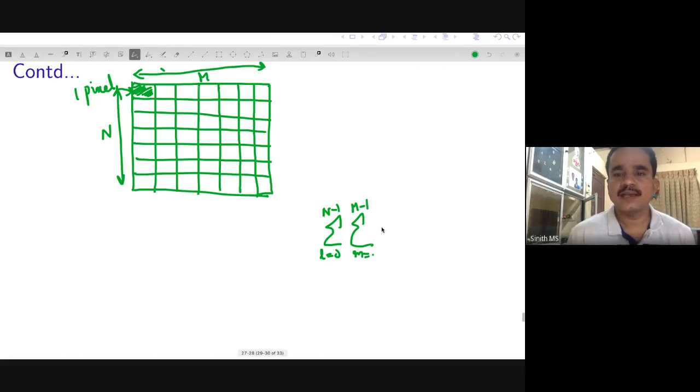Inside you have x. If the signal is x_lm, any general point can be taken as x_lm.